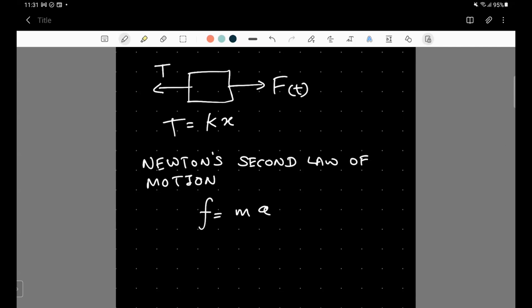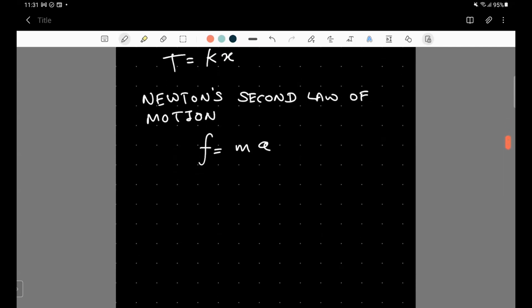And then we obtain the equation of motion in the x direction. When we apply Newton's second law, the force applied, that is F(t), minus the force generated by the spring, of course it's a simple Kx, is equal to the mass times the acceleration term.